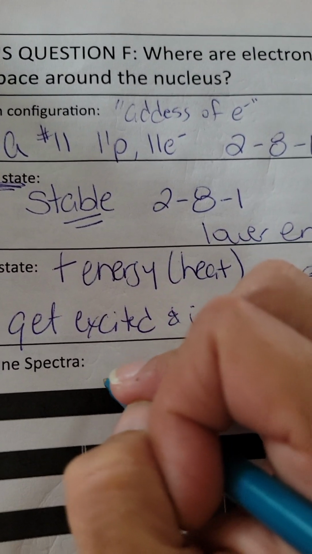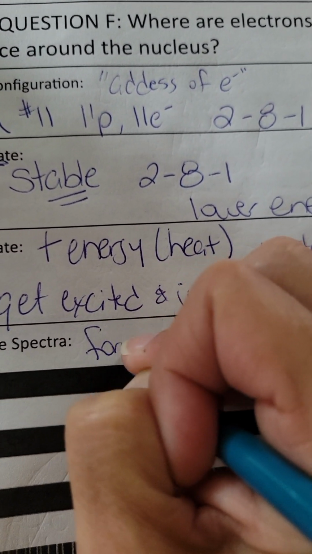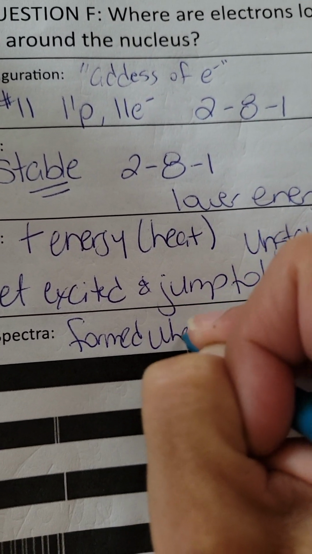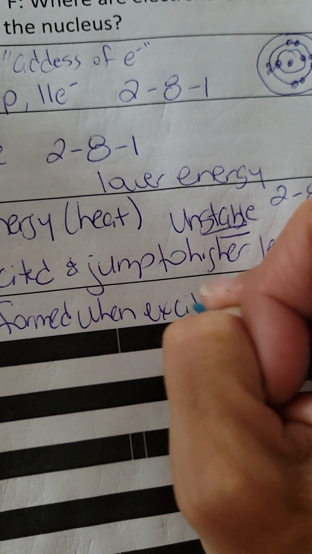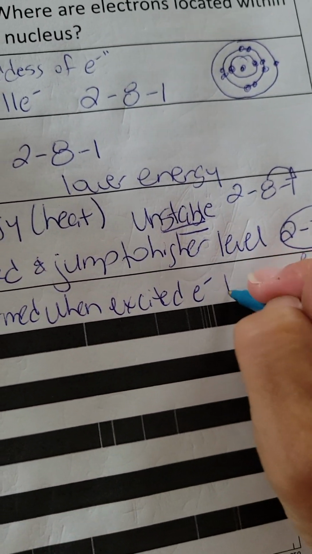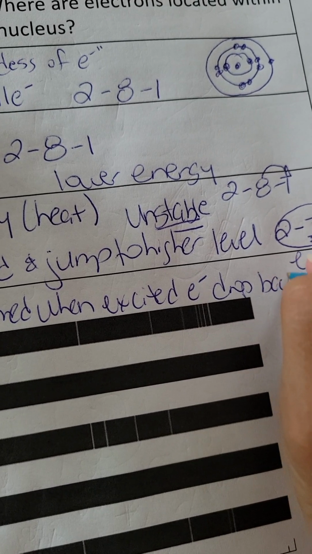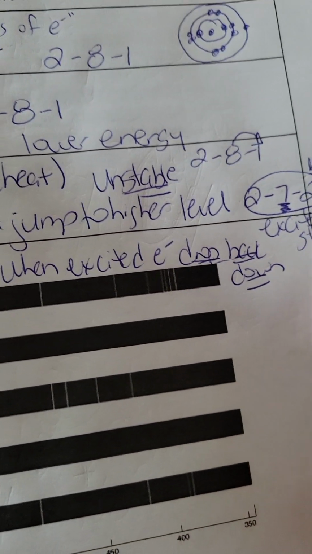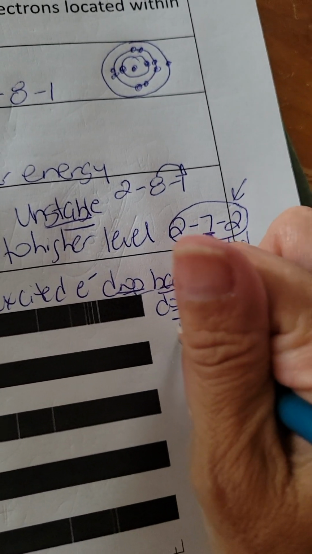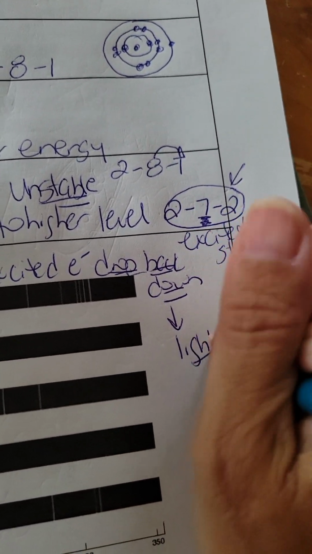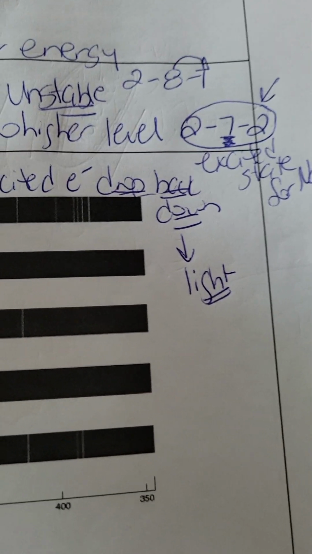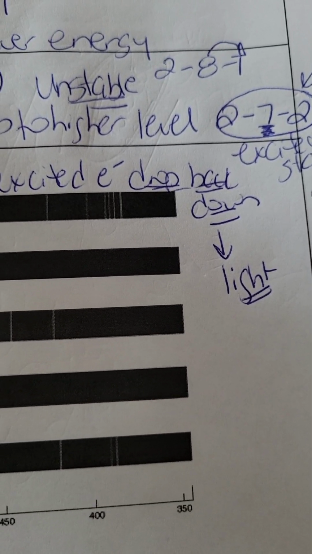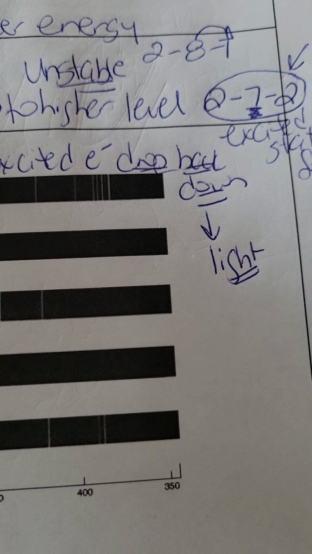Okay, so a bright line spectra is formed when excited electrons drop back down. So the light is given off when they drop back down, not when they're heated up and jump up. It's given off when they drop back down.